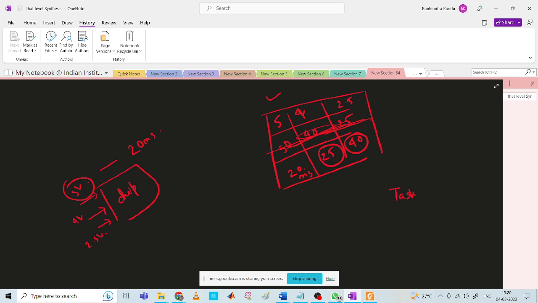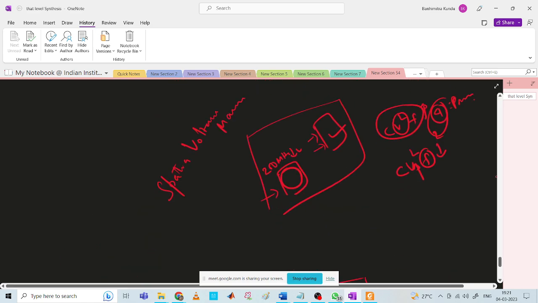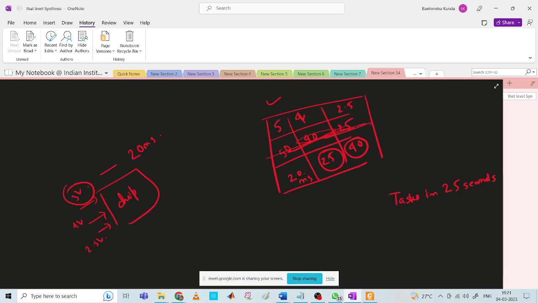task in 25 seconds, and that task requires 10 to the power 9 clock cycles. When I say T cycles, what it actually means is clock cycles. So 10 to the power 9 cycles with a 20 nanosecond clock cycle will be 10 to the power 9 into 20 nanoseconds.